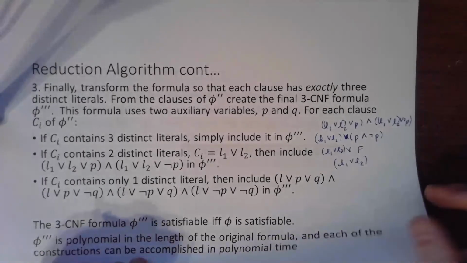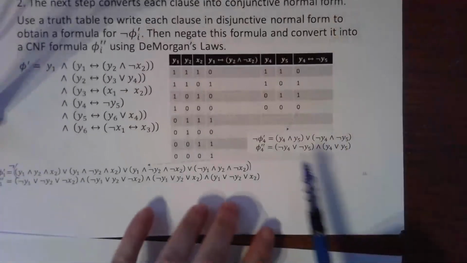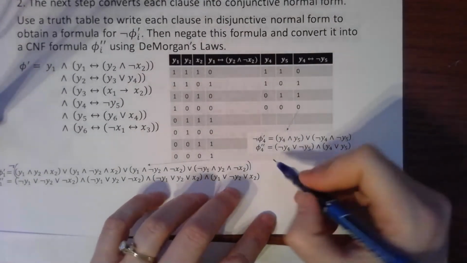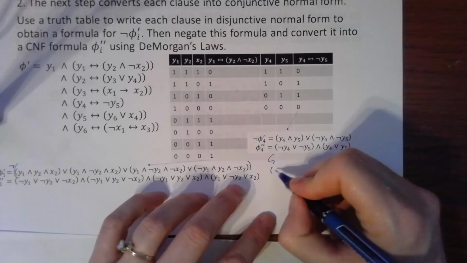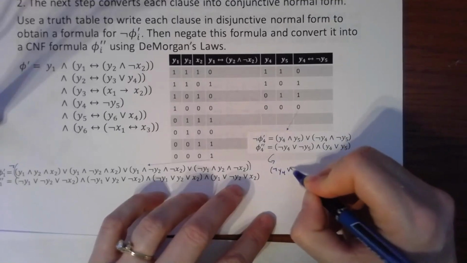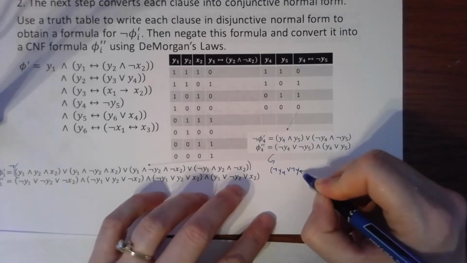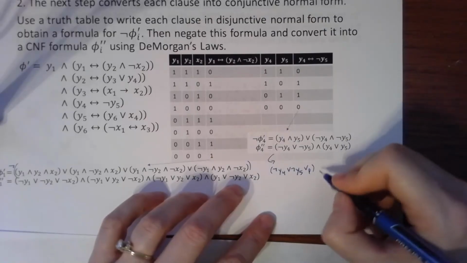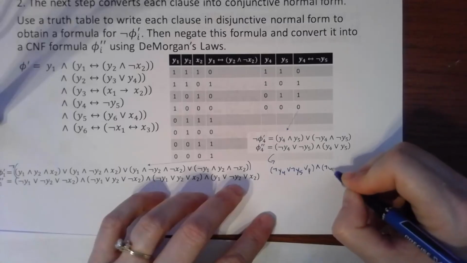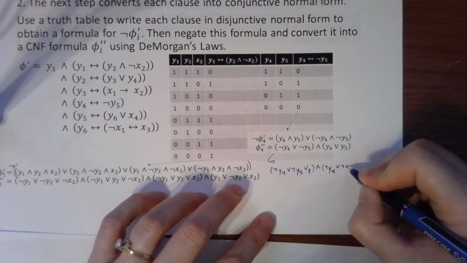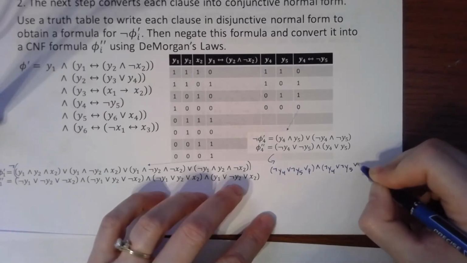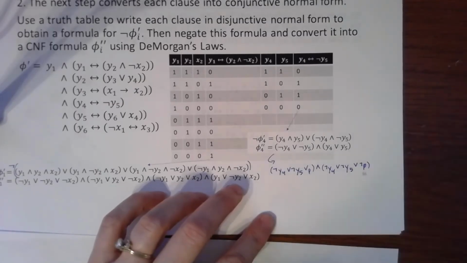Imagine here where I have these two distinct literals. This one would become not Y4 or not Y5 or P, and not Y4 or not Y5 or not P.